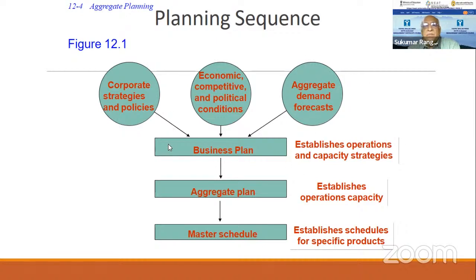So you have the business plan, and from there an aggregate plan, and from there what we call a master schedule, which is a detailed level of planning of what is to be produced for specific products within the aggregate planning. These are the three basic levels of planning when it comes to operations management.